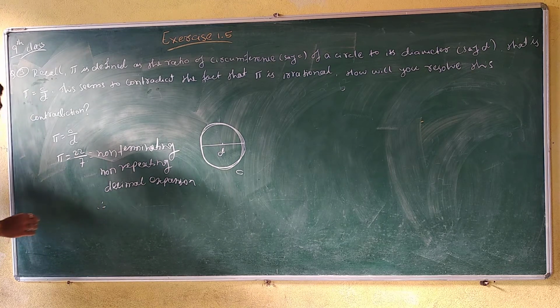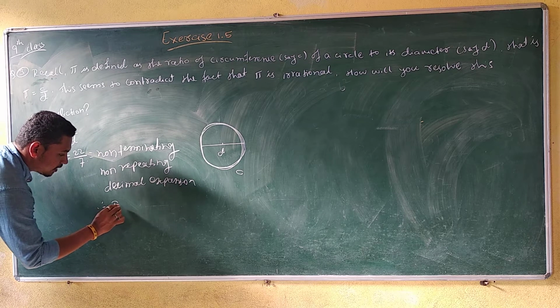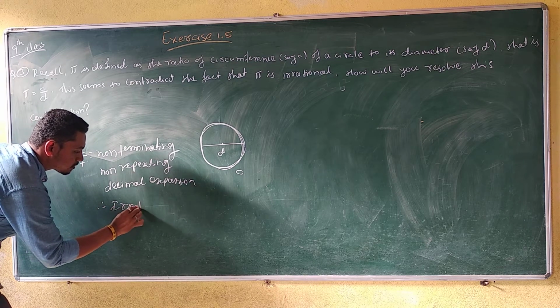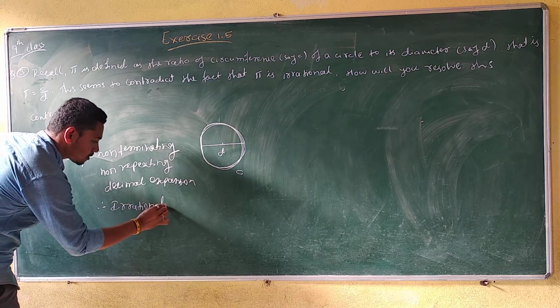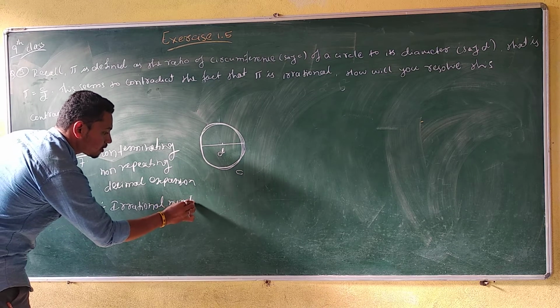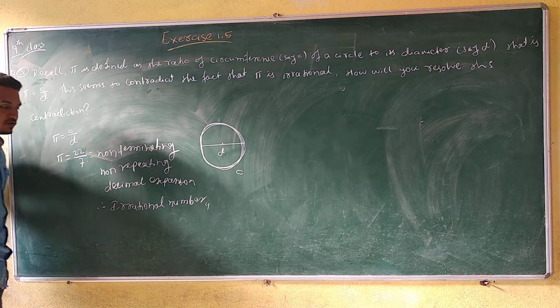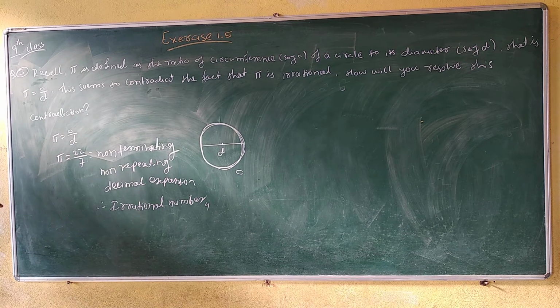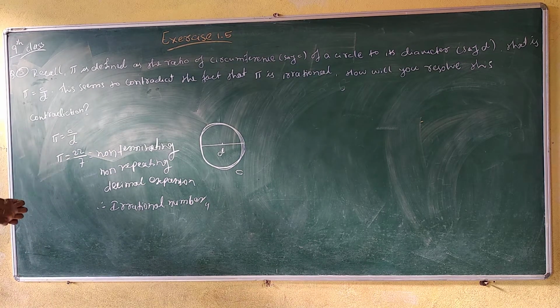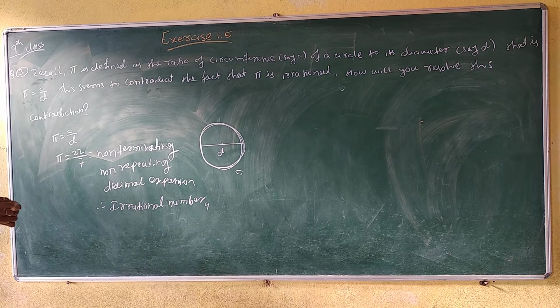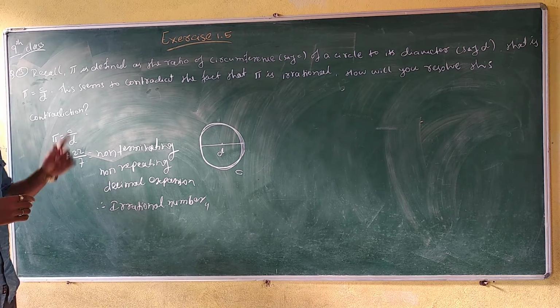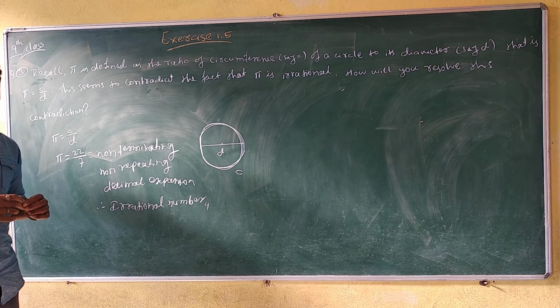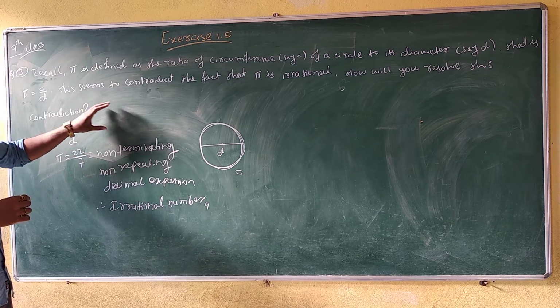So that's why pi is an irrational number. Please note this down, and we shall stop here. In the next class, we have to solve question number 5 in exercise number 1.5. I hope you understood this concept.